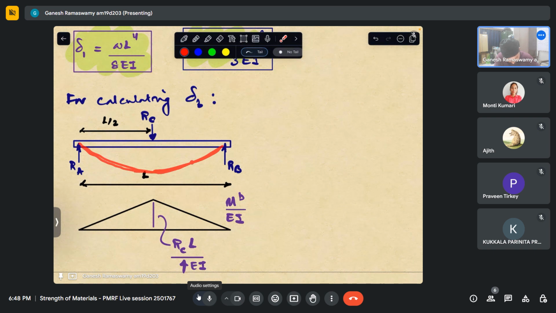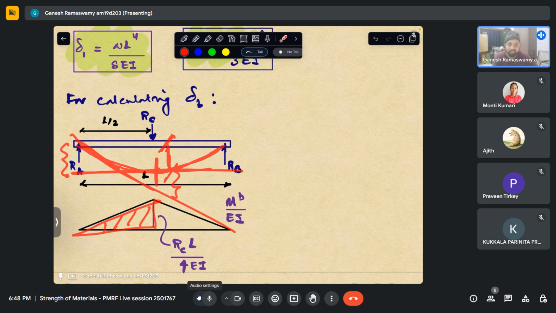Now, if I take the moment of this diagram about the center point, I will actually be getting this quantity. But that is not the quantity of my interest. I actually want this quantity, which is the deflection at the center of the beam. So here I can see that this is the tangent at this point, and this happens to be the tangent. So the difference between these two is the actual deflection.